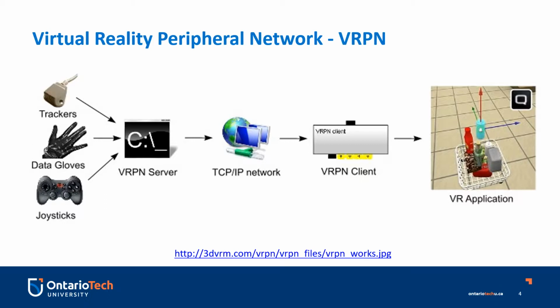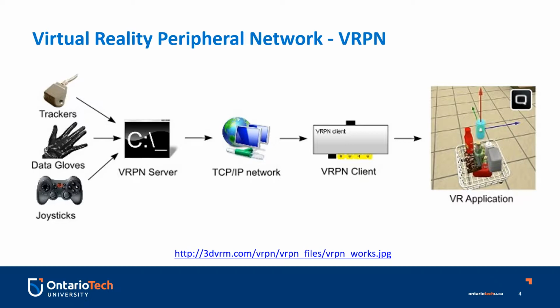This picture depicts a typical scenario of use of VRPN. The trackers, the data gloves, and joysticks are connected to a VRPN server, and a client uses the TCP/IP network to access all this information to handle all the actors and objects of a VR application.